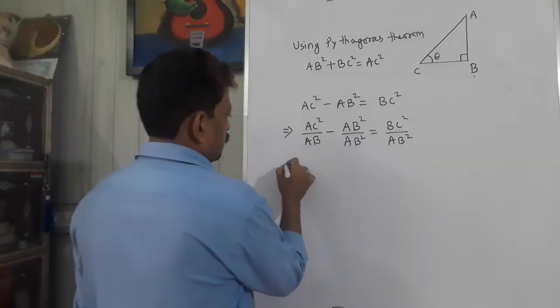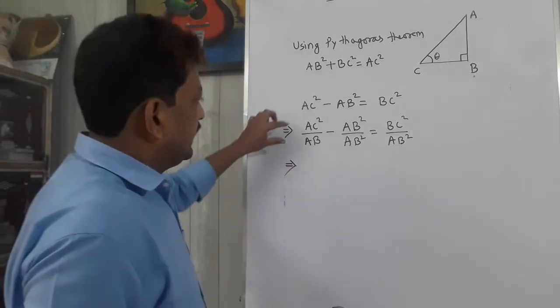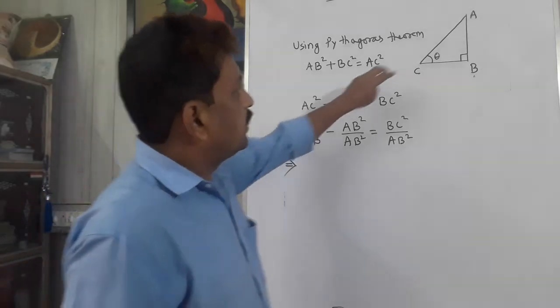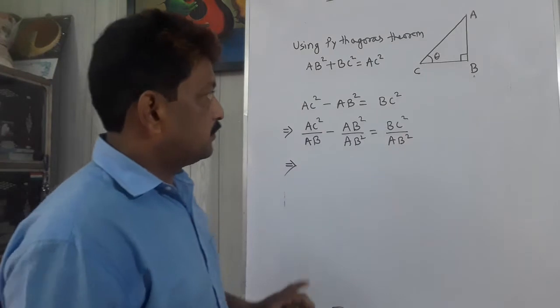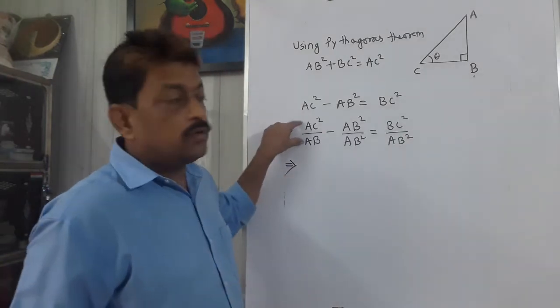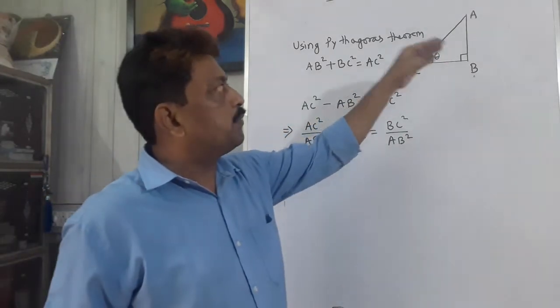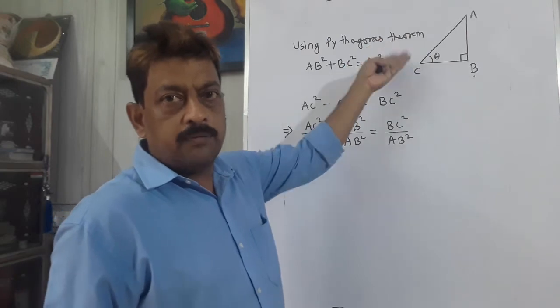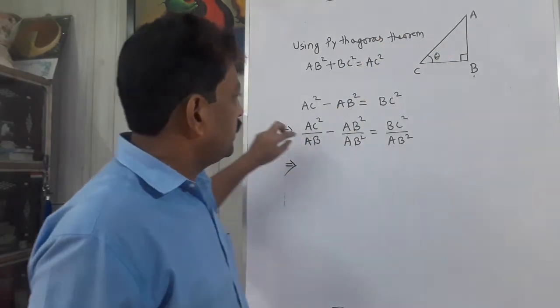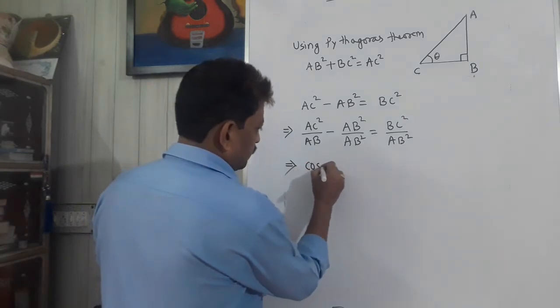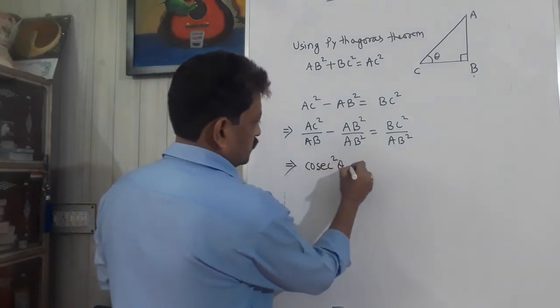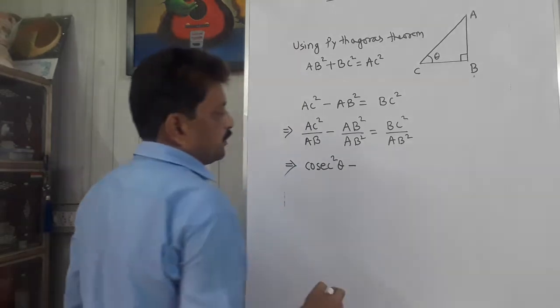So what is this? AC square upon AB square, that is hypotenuse upon perpendicular. We know sin theta equals perpendicular upon hypotenuse. So hypotenuse upon perpendicular will be cosec theta. So this will be cosec square theta minus this AB square will be cancelled.